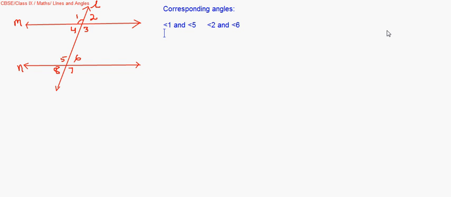There are 2 more pairs to it. It's 4 and angle 8, angle 3 and angle 7. So we have to be quite observant when we take up questions later based on these. So it's 1 and 5, 2 and 6, 4 and 8 and 3 and 7. They are the pairs of corresponding angles in the figure I've drawn.